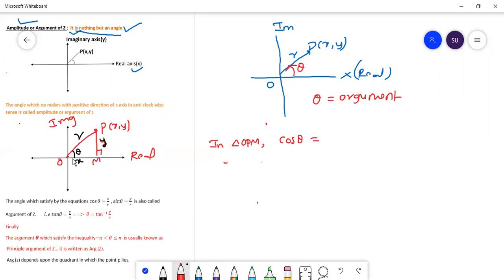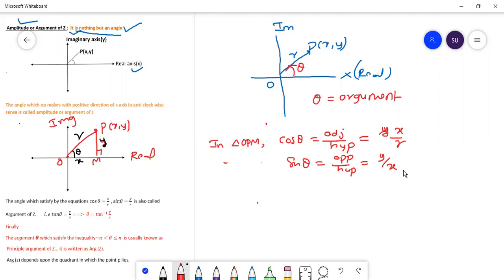Cos theta means adjacent by hypotenuse, that is equal to x by r, and sin theta is equal to opposite by hypotenuse, that is equal to y by r.